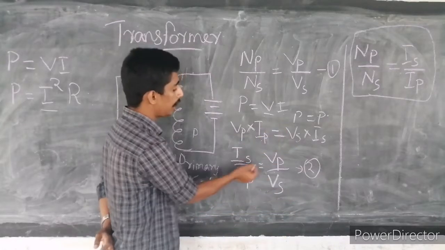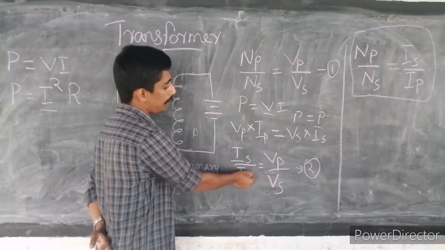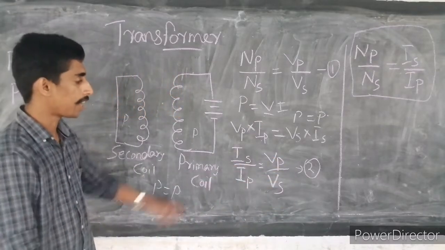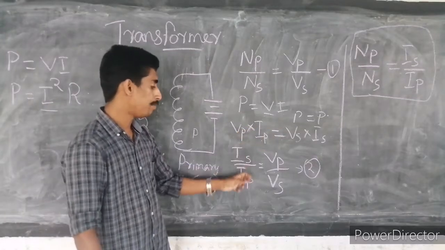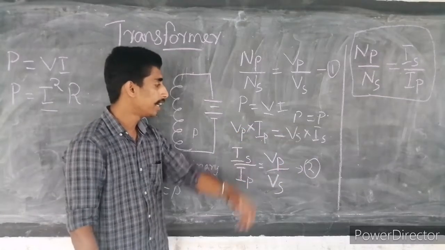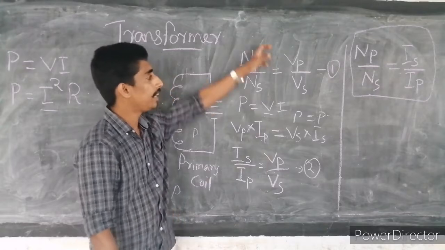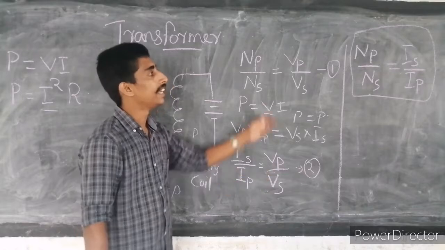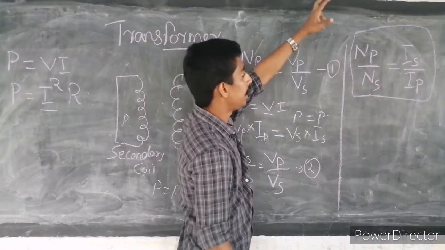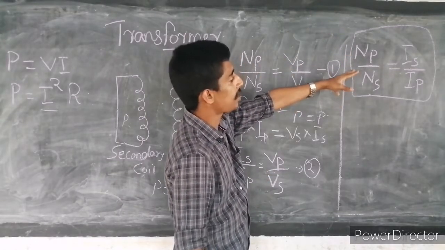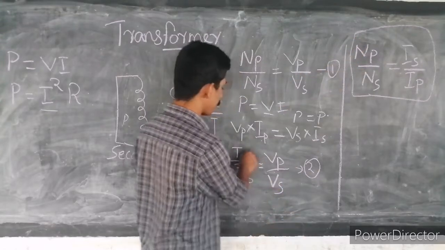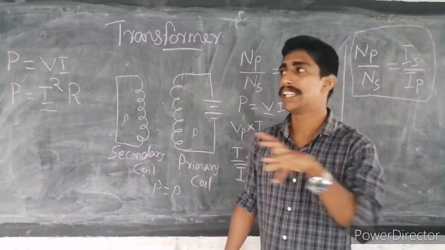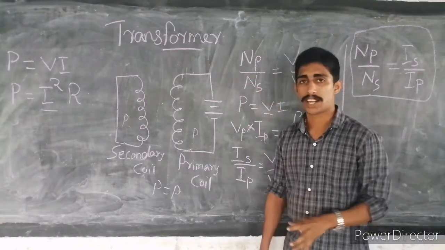From this equation we can write that Is by Ip is equal to Vp by Vs. Then if we compare both equation 1 and 2, we can write Np by Ns is equal to Is by Ip. I hope you understood at least the concept of transformer.